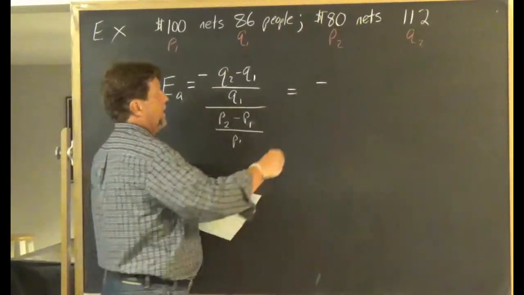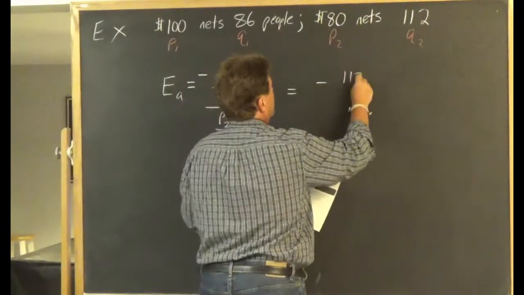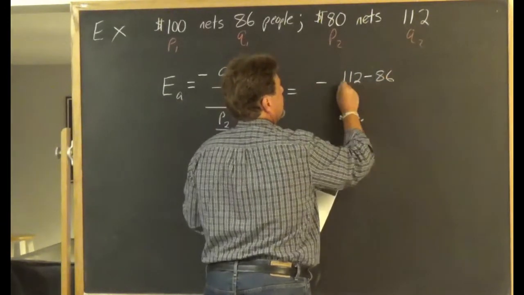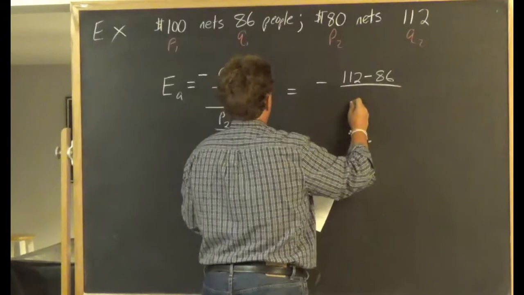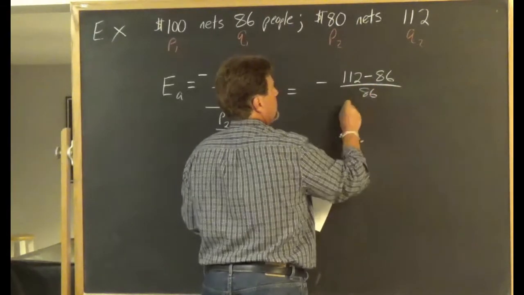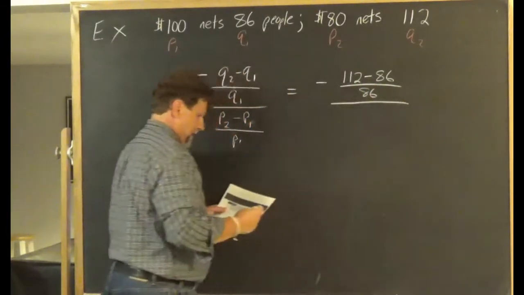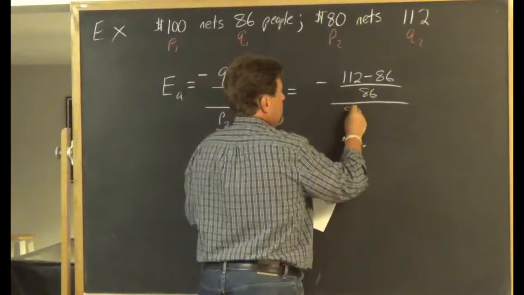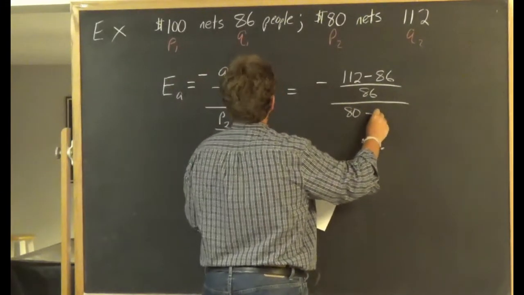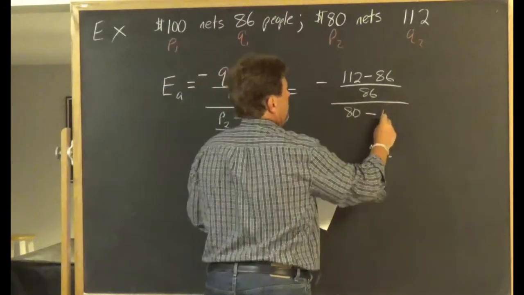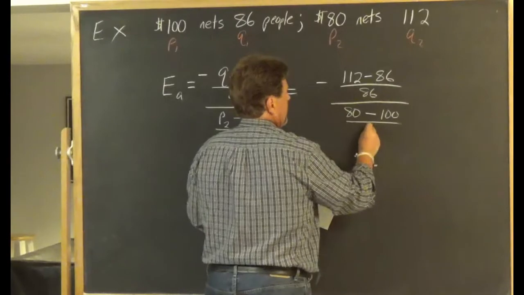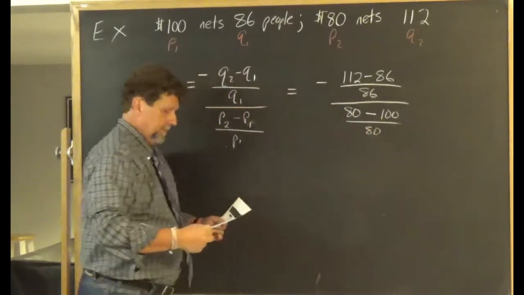We have 112, that's Q sub 2, minus 86, Q sub 1, over Q sub 1, which is 86. And that's all over P sub 2, which is 80, minus P sub 1, which is 100, all over P sub 1, which is 100.